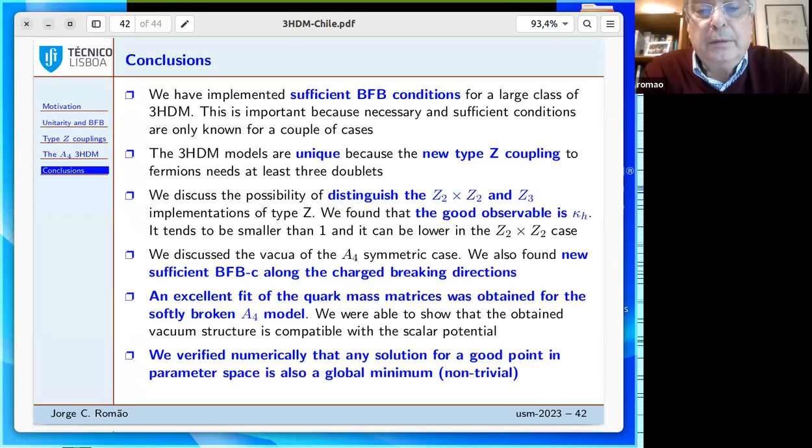And for the other scalars, the masses will be kind of dictated by the soft terms, and you can respect the STU constraints easily. That's at least what we found numerically. I don't know if that answers your question.